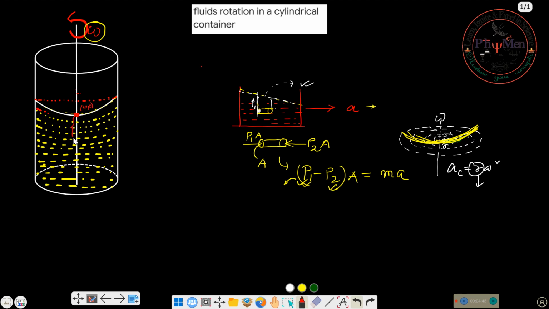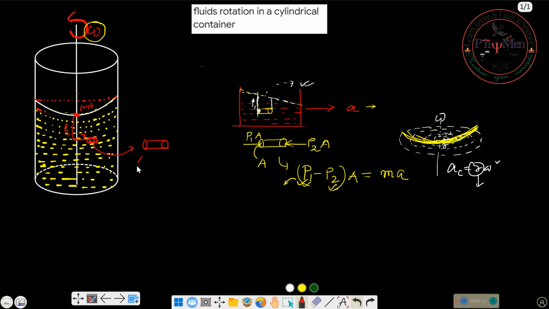and let us take one particular element at a height h from the center and at a distance r from the axis of rotation. This is our element.